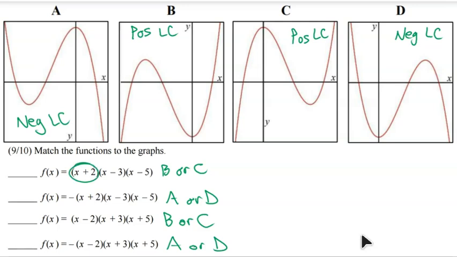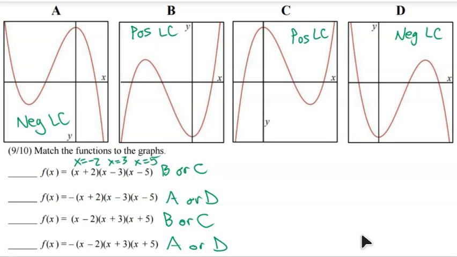So x plus 2 means that it has a 0 of x equals negative 2. X minus 3 means that it has a 0 of x equals positive 3. And x minus 5 means that it has a 0 of x equals positive 5. So we're looking for one that has a negative 2, a positive 3, and a positive 5.